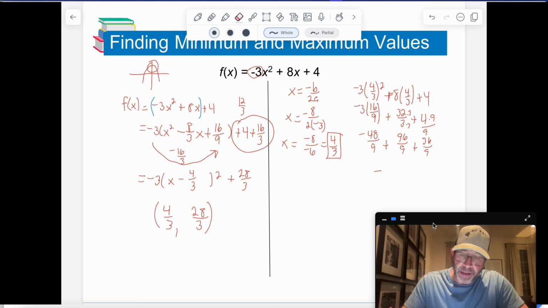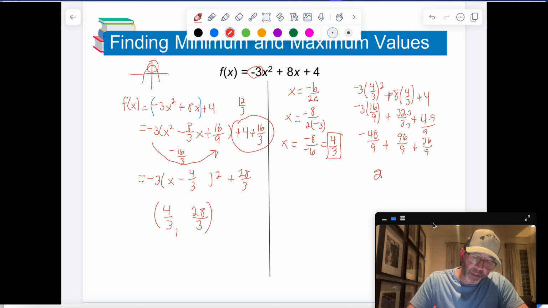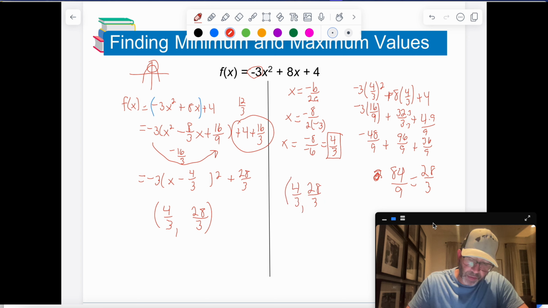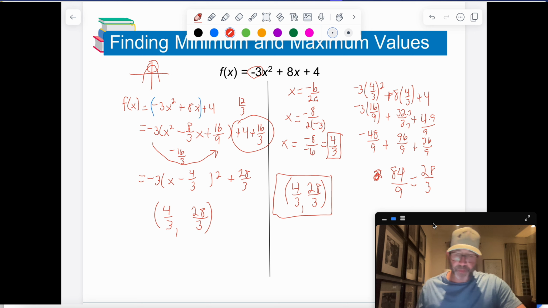Sorry. And so when we simplify this, this will end up being times 3. This will end up being 84 over 9, which is going to reduce and equal 28 over 3. So we end up with 4 over 3 and then 28 over 3. There you go. Whew, we made it. A lot to do without a calculator.